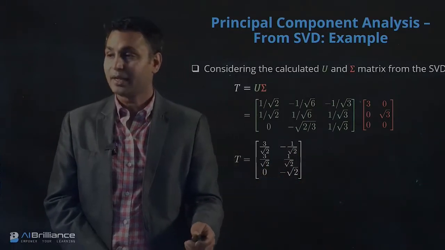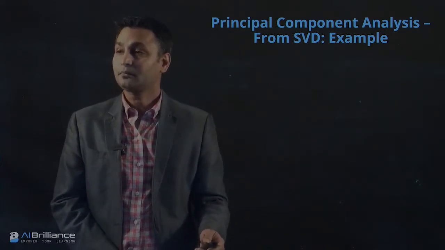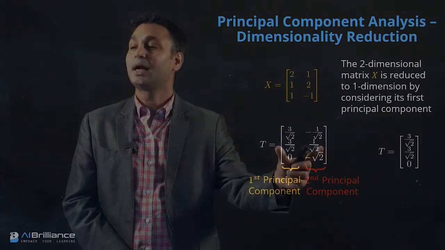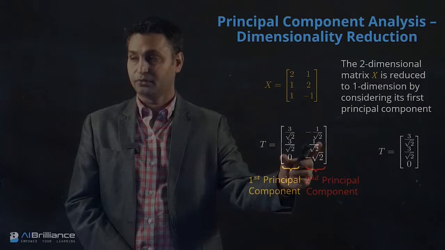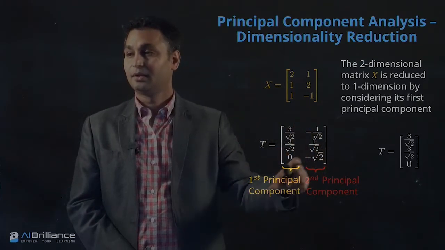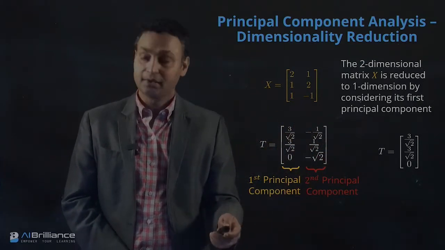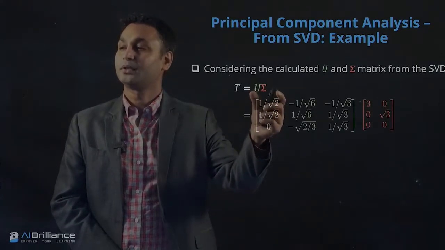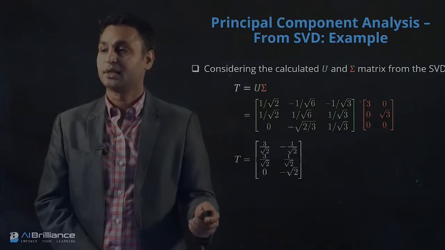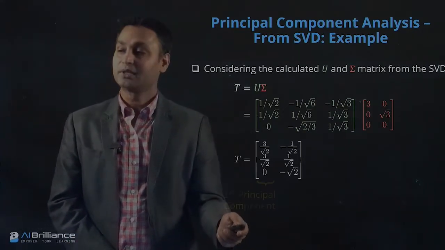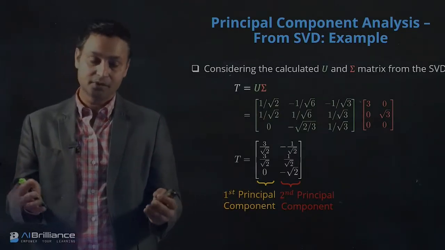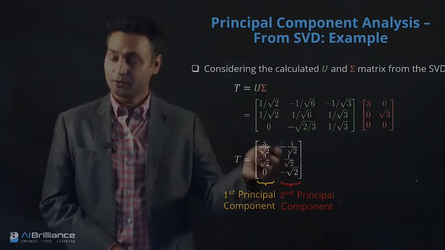Let's go back to the previous slide, and you can see this was the T value that we got using eigenvalue decomposition. The matrix you see here is exactly the same that you get after the multiplication of U and sigma matrices. So there are two different ways, eigen decomposition and SVD, of solving the same problem.